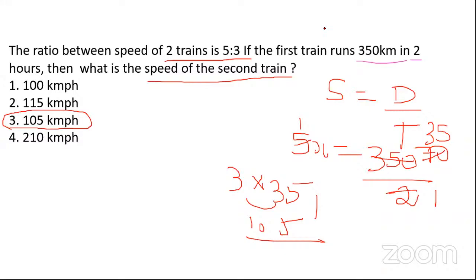Super, excellent. So 175, because 5 into 35 is 175.